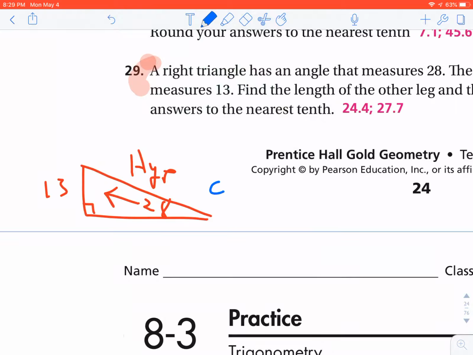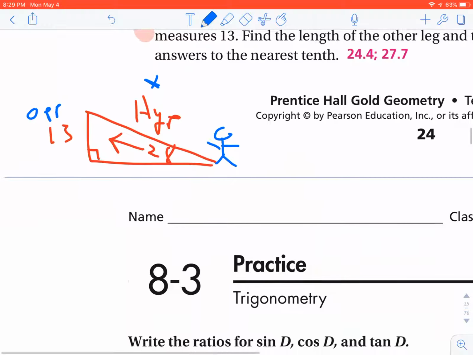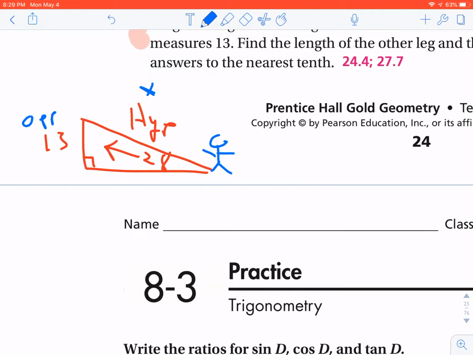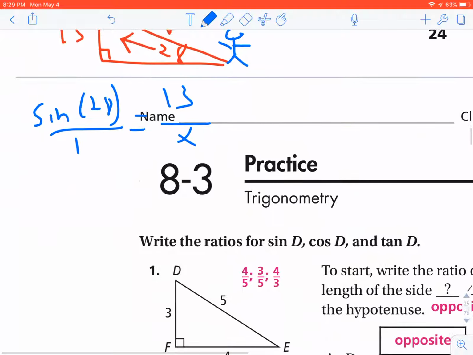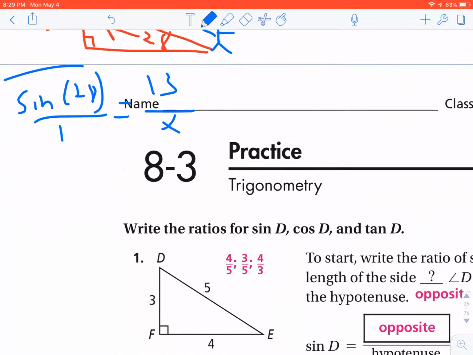So you would stand at the angle you're given. The directions told me that 13 is opposite from the 28 degrees. Your hypotenuse is what you're looking for, we'll call x. So the sine function is what you will use. So the sine of 28 over 1 is equal to opposite 13 over x. Cross multiply.